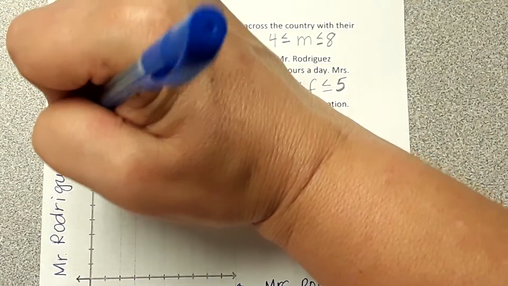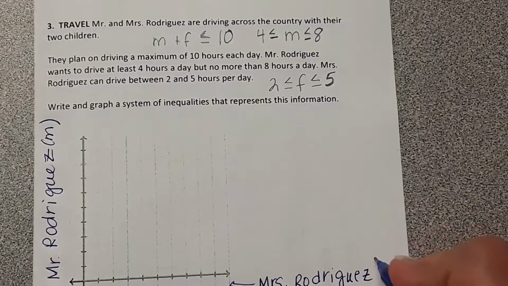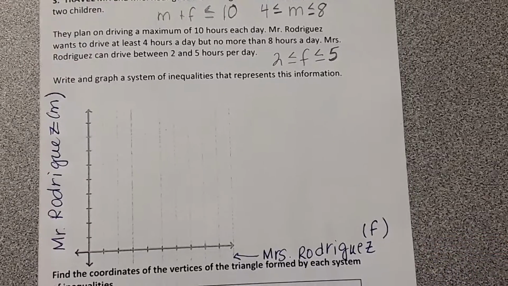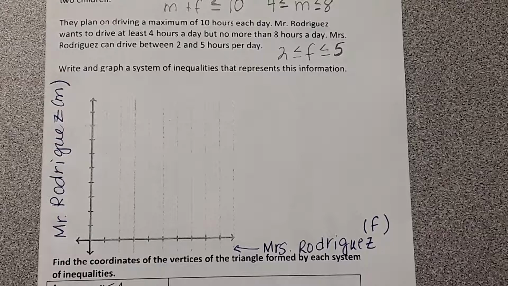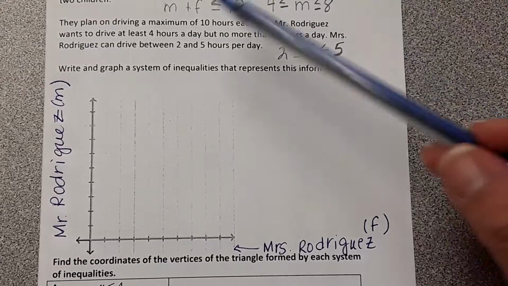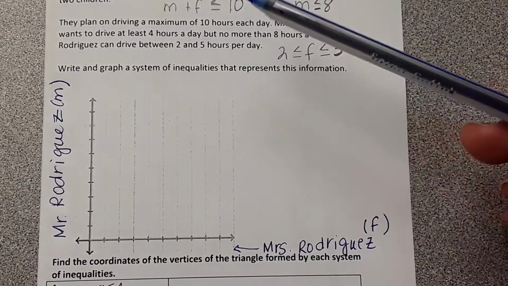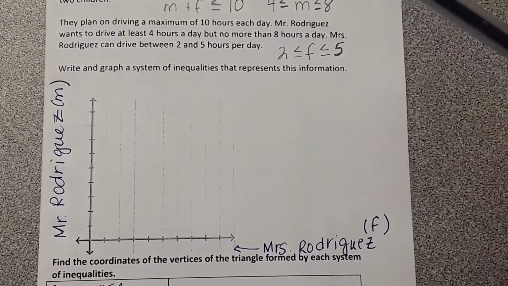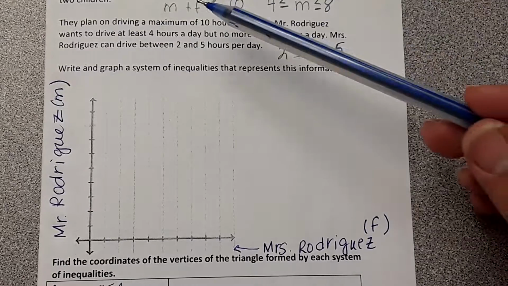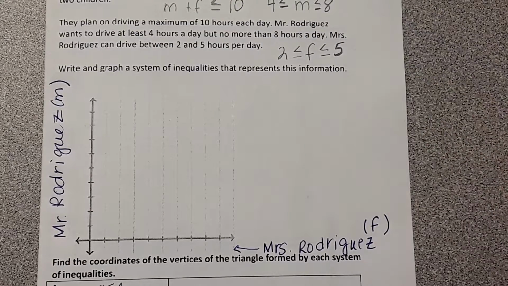We gave Mr. Rodriguez the variable of M, and we gave Mrs. Rodriguez the variable of F. And you guys, you could have given different variables. You could have said A, B, you could have done X and Y. It doesn't matter, right? You just have to decide who was M, who was X, and who is Y.